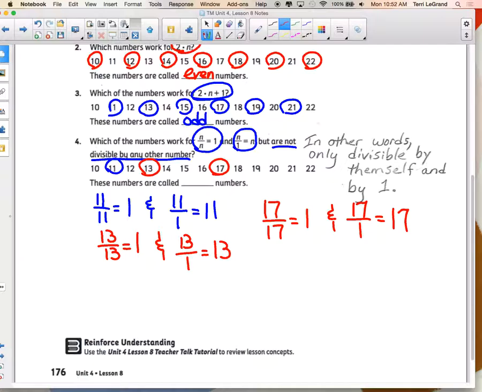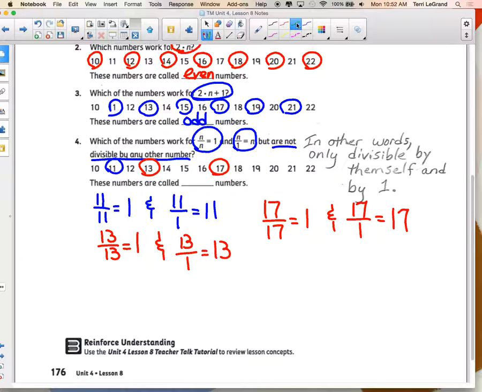Maybe 9? No, you can't think of anything? Okay, well then, I guess 17 qualifies. Do we have any others? Any others in that list that qualify? And there's one more.